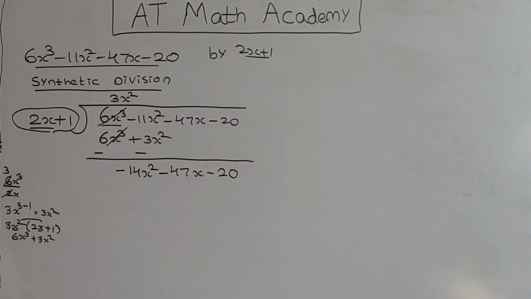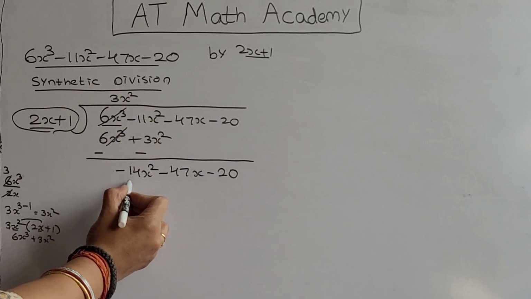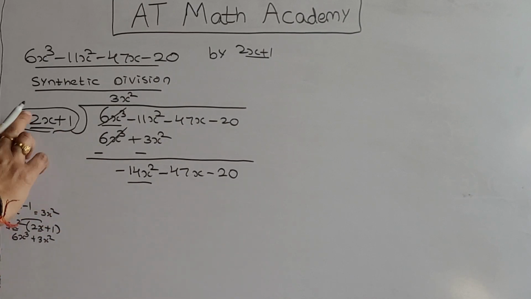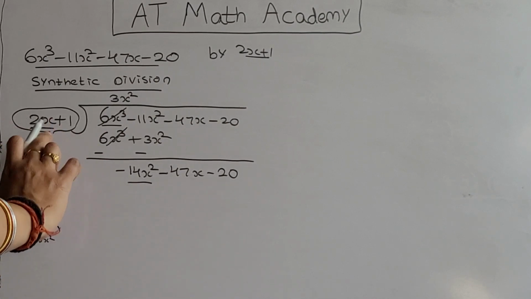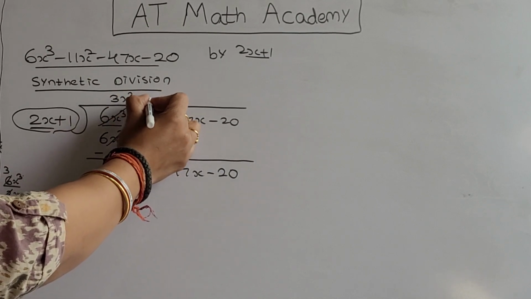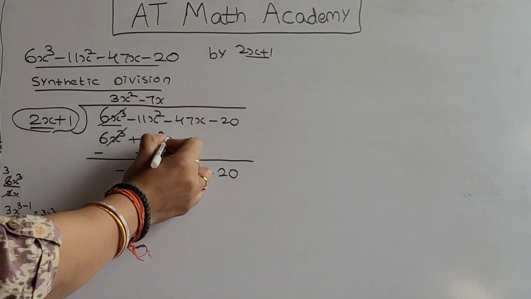Now, to get another term in the quotient, I need to take my first term here, minus 14x squared, and the first term in the denominator, which is 2x, and divide it. So minus 14x squared by 2x gives me minus 14 by 2 is minus 7, x squared by x is x, so minus 7x. So I'm writing this value here, minus 7x.